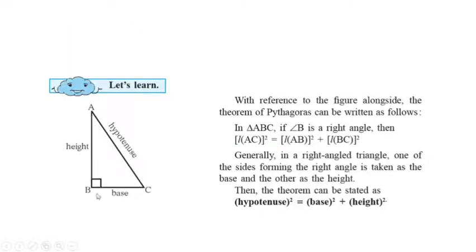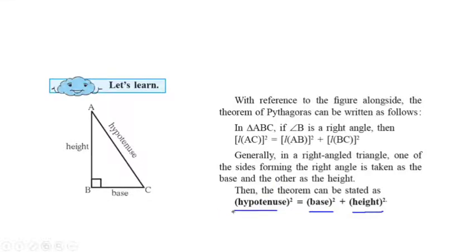If triangle ABC is a right angled triangle with base equal to BC, height equal to AB and AC is the hypotenuse, then hypotenuse square is equal to base square plus height square.